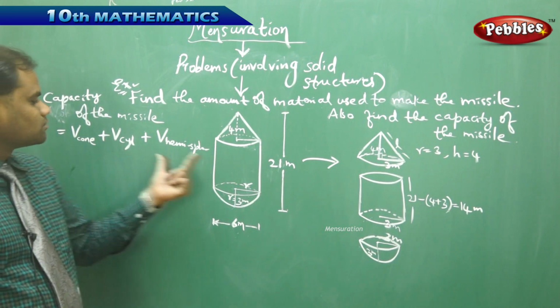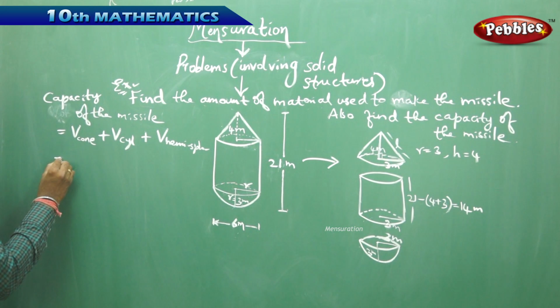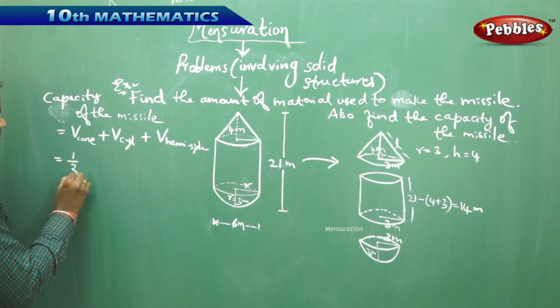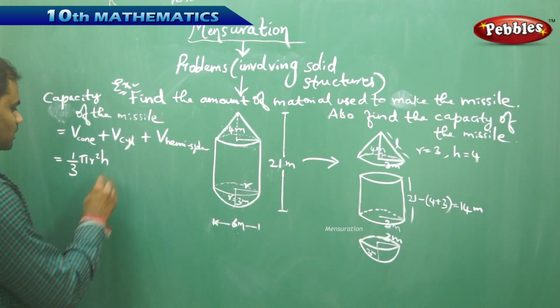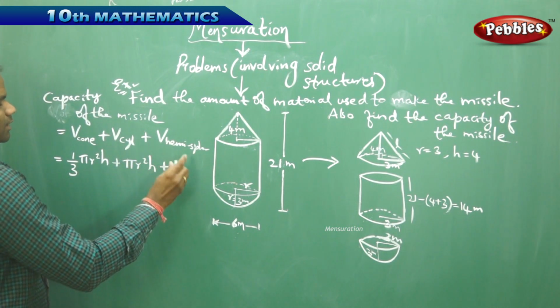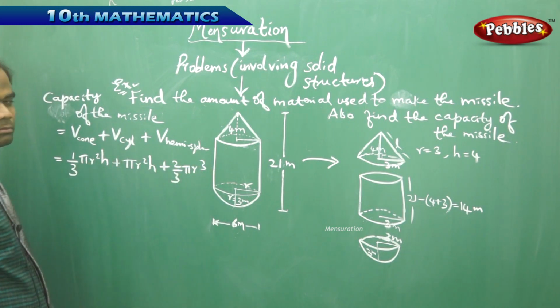So each of the volumes, when I add, I get the total capacity of the missile. So coming with the volume of the cone, we all know that this is 1 by 3 pi r square h, which we have taken as the derived formula, and volume of cylinder, which is pi r square h, and volume of hemisphere, which is 2 by 3 pi r cube.